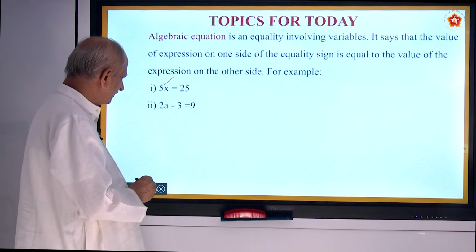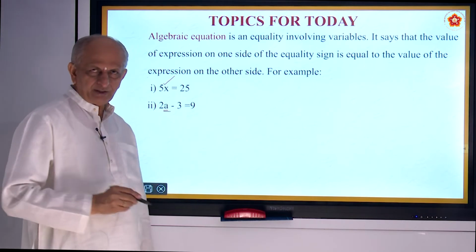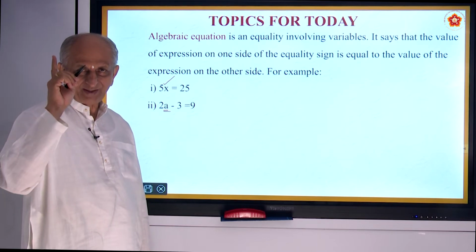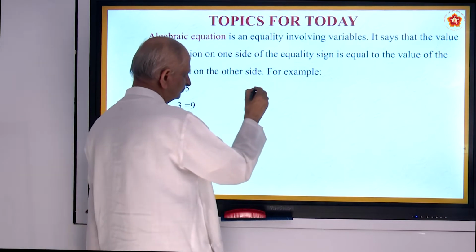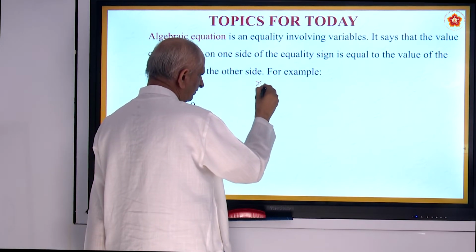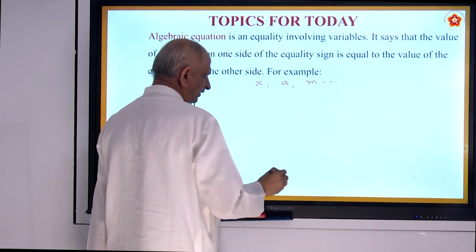Shall we take one more example? Here also it is called a linear equation because there is only one variable with 1 degree. 1 degree means what? Power. Suppose you have terms like x, a, m, etc. This is called 1 degree, or power of 1.